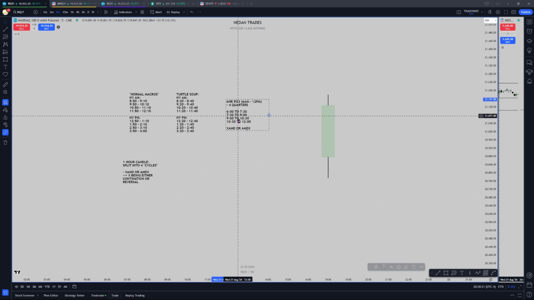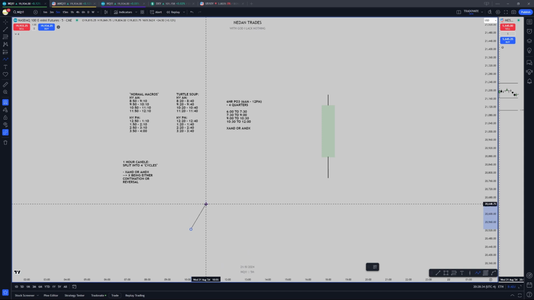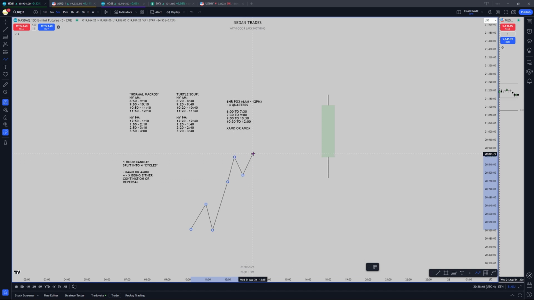So taking this into account and mixing it with the macros, let's say that 6 to 7:30 continues the previous trend. So let's say we were in an uptrend already, and this is 6 o'clock. 6 o'clock continues the trend, and then what will happen after this continuation and accumulation?